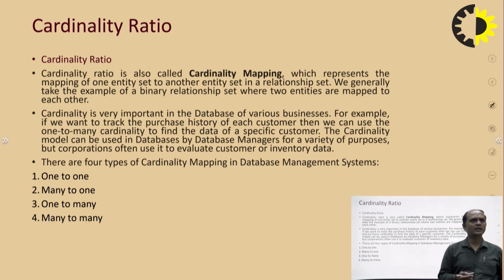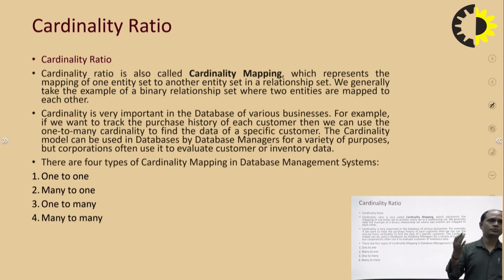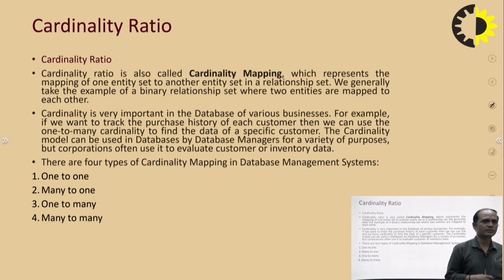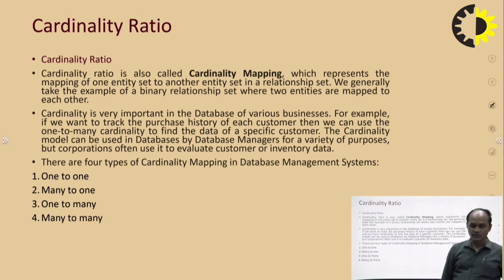The cardinality models can be used in a database by a database manager for a variety of purposes, but corporations often use it for evaluating the customer or inventory of the customer. So there are some types of cardinality mapping in a particular database scenario as the mapping constraint: 1 to 1, many to 1, 1 to many and many to many. These are also called cardinality ratios.